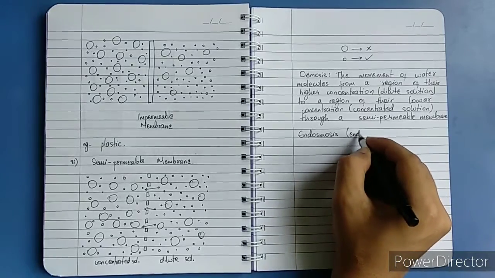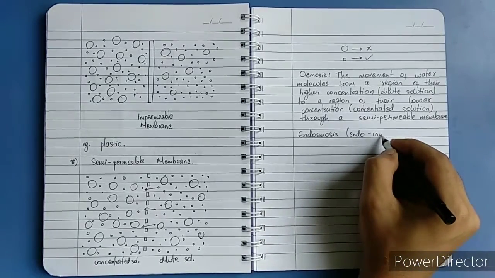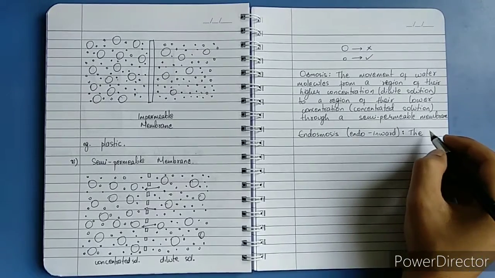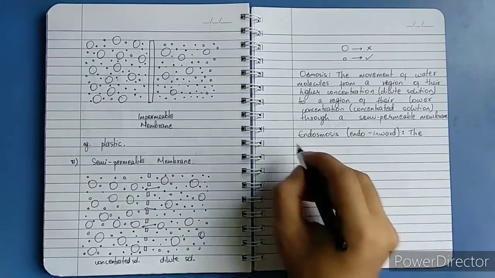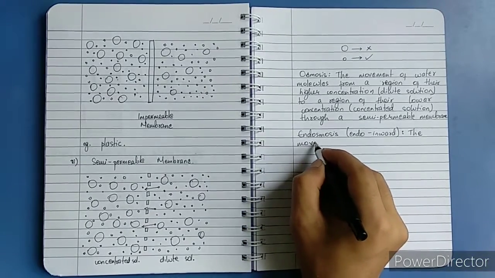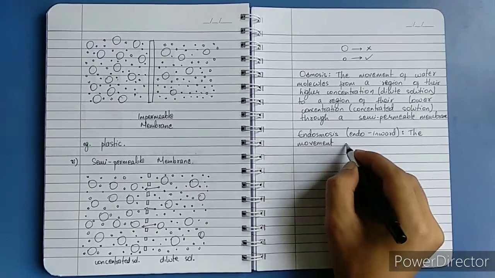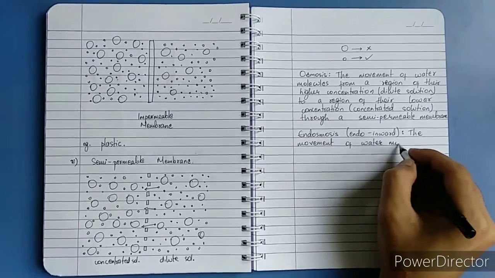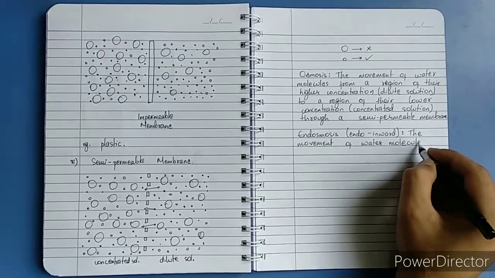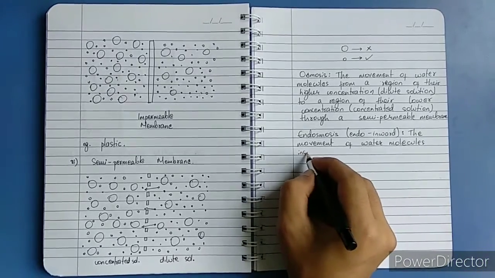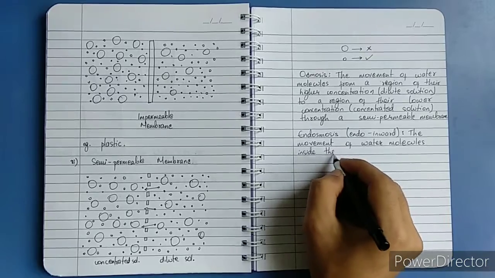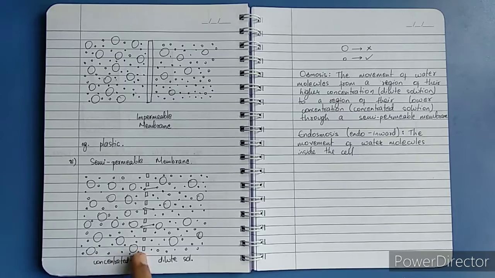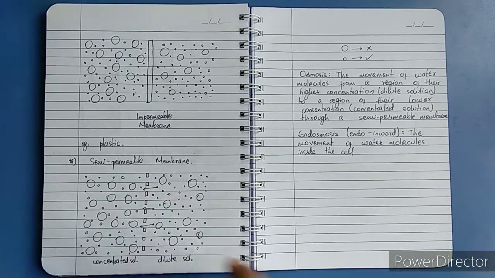where endo means inward. So the movement of water molecules inside the cell, where we are considering this as the cell. So water molecules are moving inside the cell.